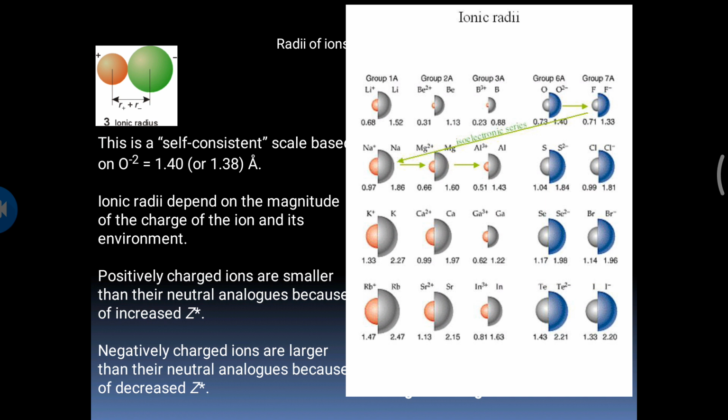If an atom loses electrons, its size decreases, and if it gains electrons, the atomic radius of the ion increases because of the decrease in effective nuclear charge.